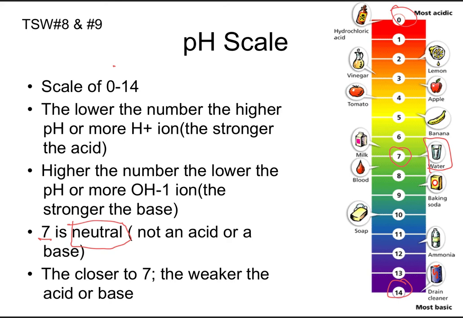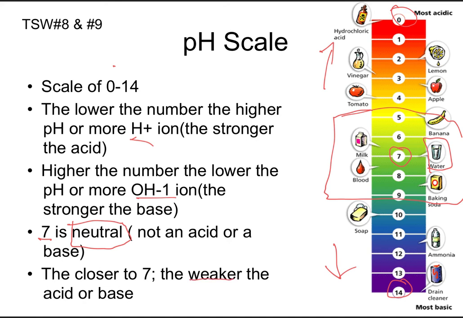So the strong ones have a higher concentration of hydrogen or hydroxide. The strong acids are closer to 0, the strong bases are closer to 14. Things that are in the middle range here, we would call weaker acids or bases.